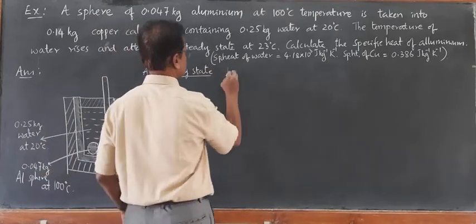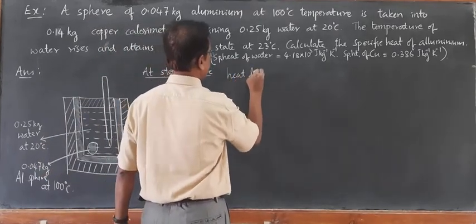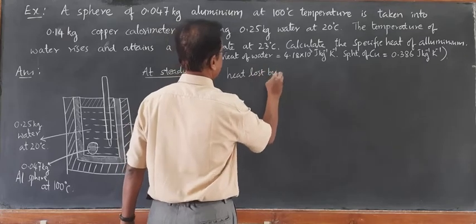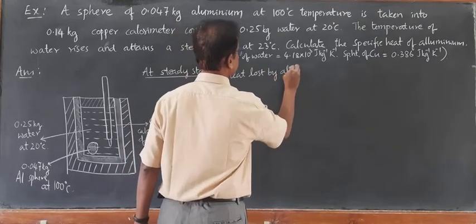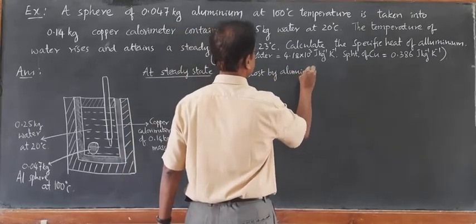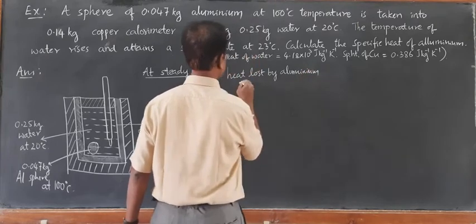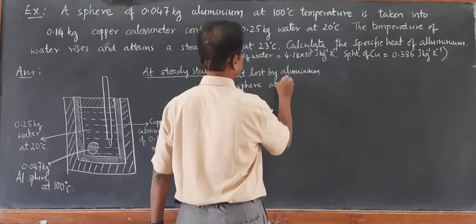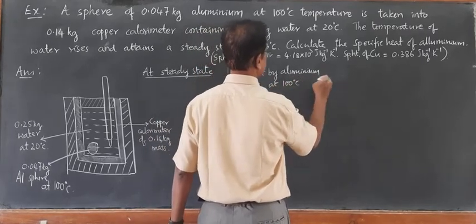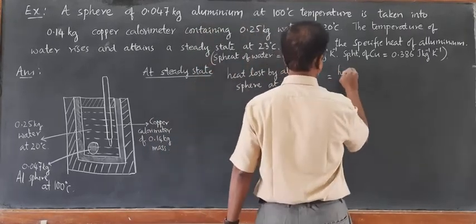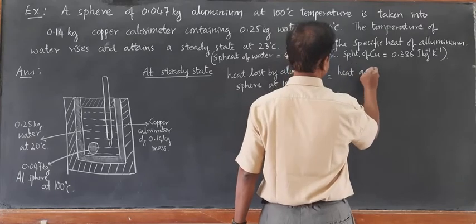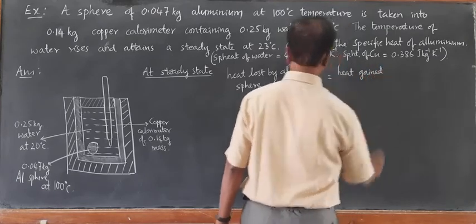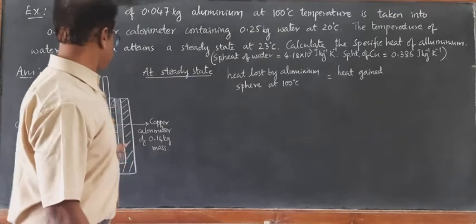heat lost by the aluminium sphere at 100 degrees Celsius is equal to heat gained by, there are two things here which gain the heat.